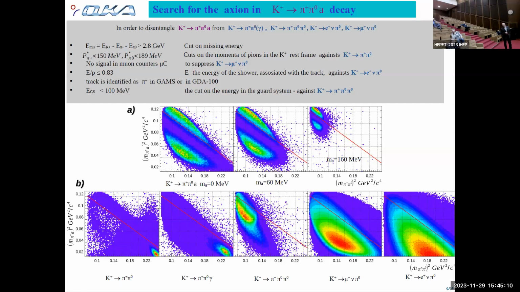So, and you see we are lucky because we can sacrifice, say, half of signal, so select only these upper blobs, and by this cut, we very strongly suppress the remaining background.